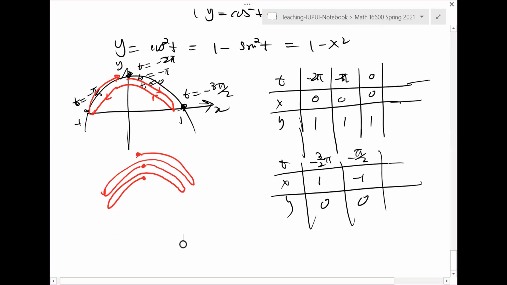The next step is just choose values for t, so you can get a few points. Then you can find out where's the starting point, where's the ending point, and if still not very clear, add more values, choose more values of t, and calculate the corresponding x, y coordinates.